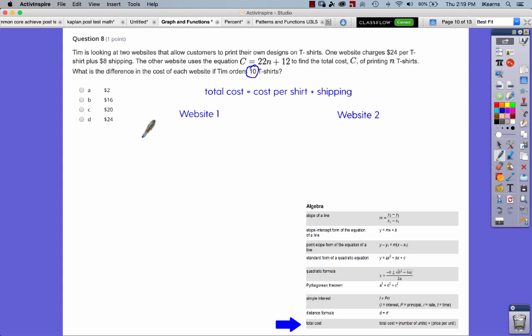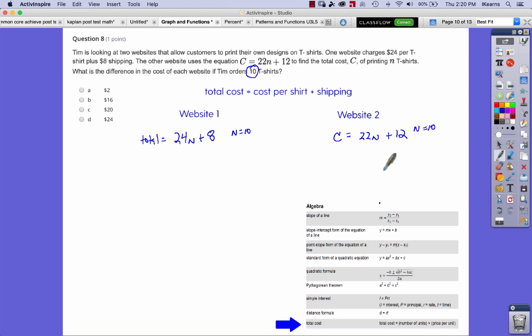So total cost is going to be equal to 24N plus $8. Website 2, total cost is 22N plus 12. Now again, N equals 10 on both sides.